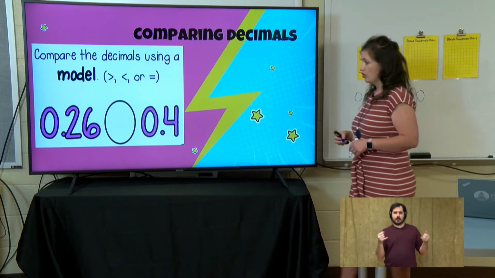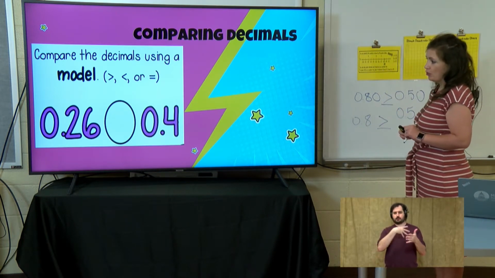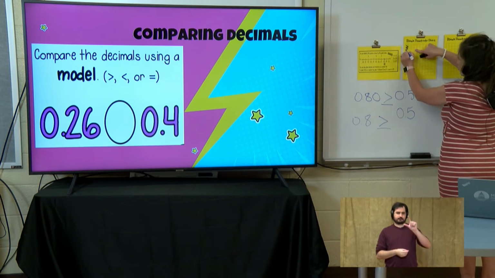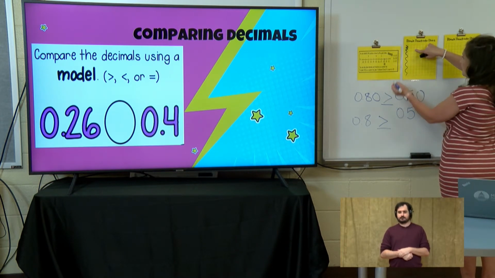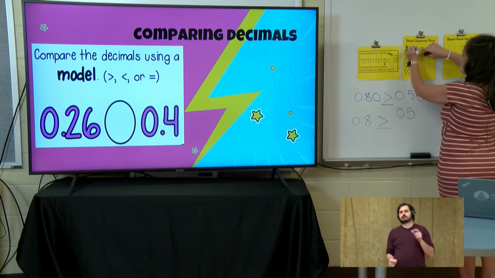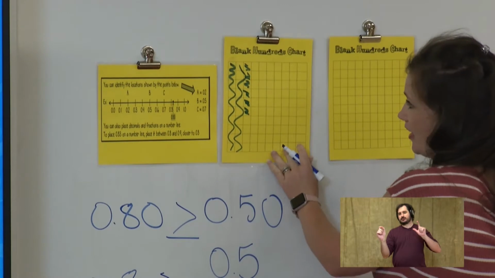Let's do a model on our hundredths chart. So let's look at that first decimal, 26 hundredths. So I'm going to draw, there's 10 hundredths, 20 hundredths, 21, 22, 23, 24, 25, 26 hundredths.